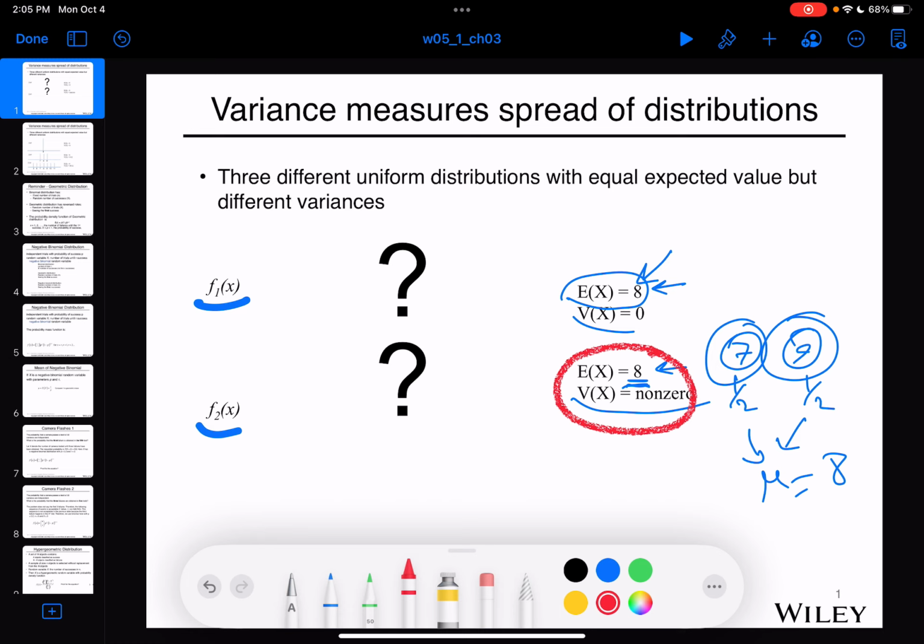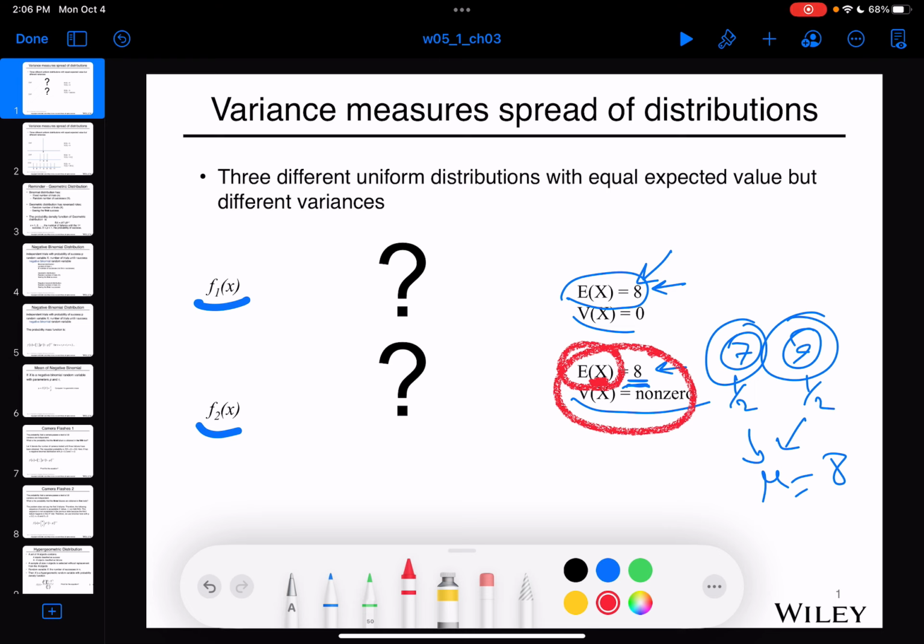No, that's a very good question. Look at this here: it's E of x. This is x, and it means the expected value of x, the random variable. It's not a probability.